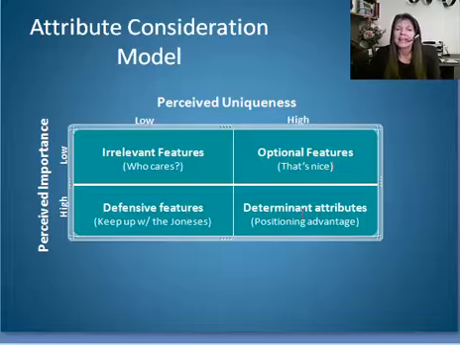Okay, now we get to this cell. We're looking at high importance to you personally and high uniqueness. Okay, and these are called determinant attributes. Okay, they are going to have what we call positioning advantage because they will have the most effects on your decision. So positioning advantage.